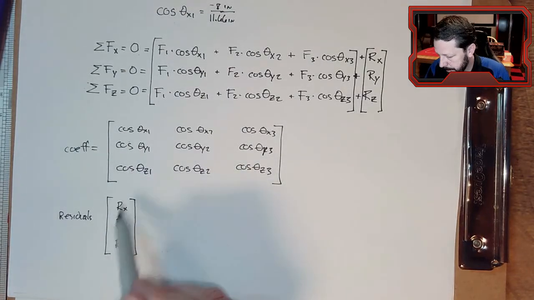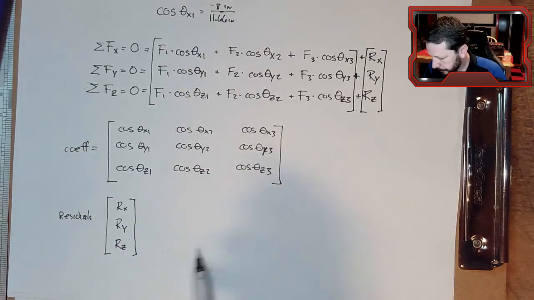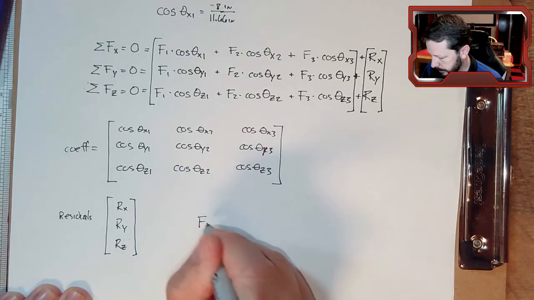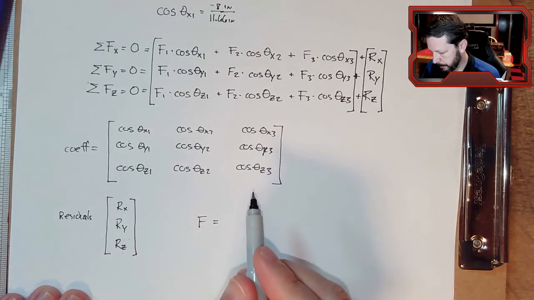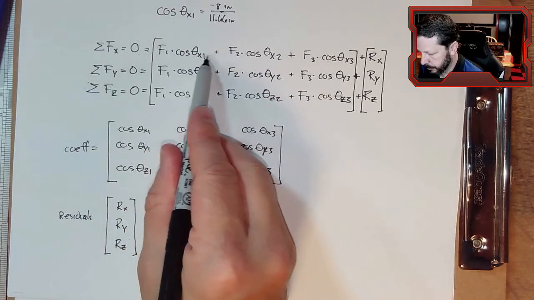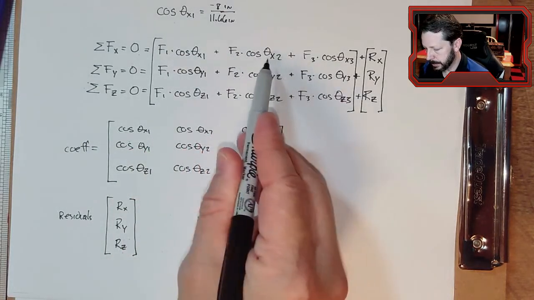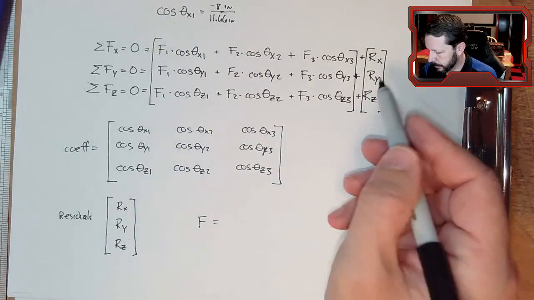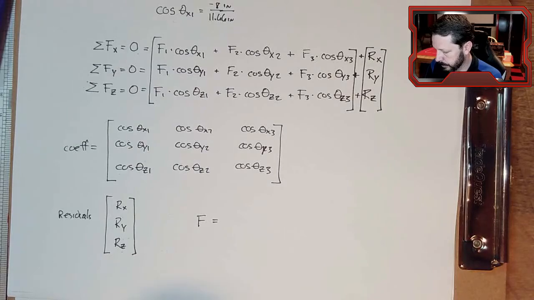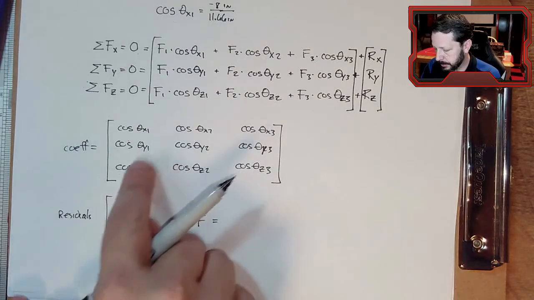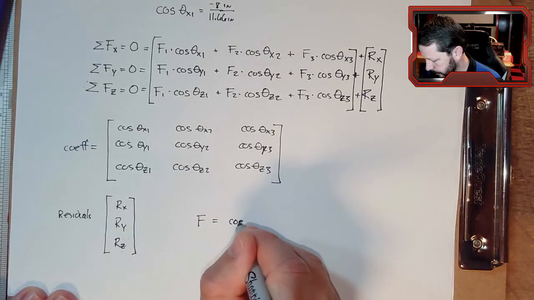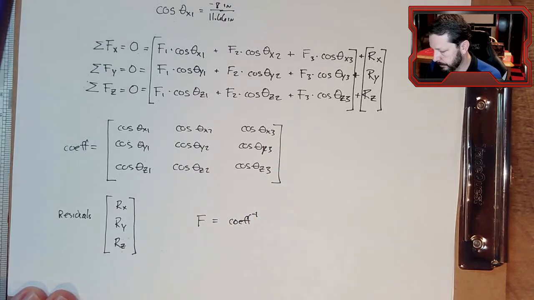So how I solve for this is we go back to our original equation. We had F equals the individual force components, so all these coefficients times F, plus the residuals. To solve this with matrices, I would take my coefficient matrix, take the inverse of it, and multiply it times my residuals.